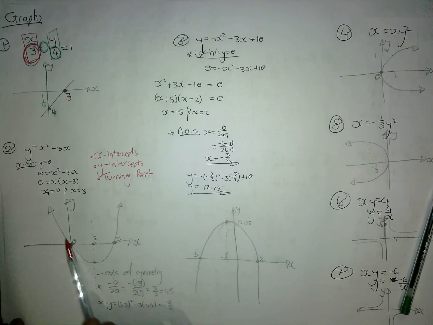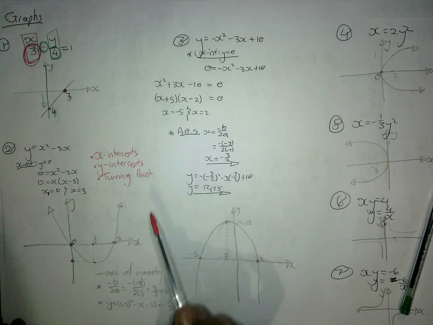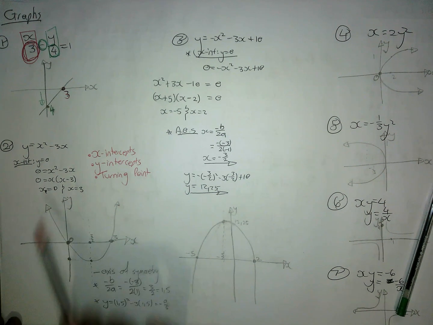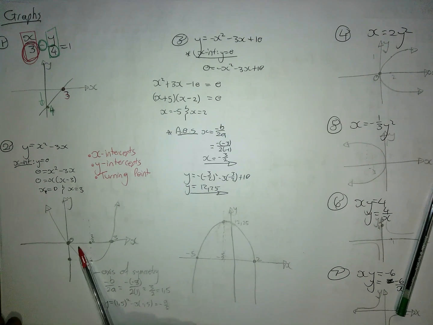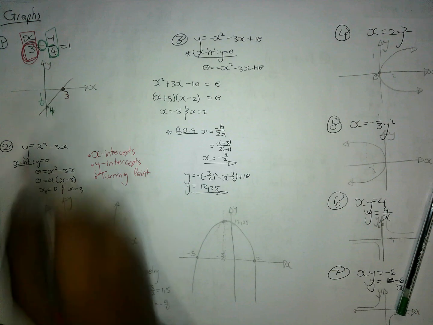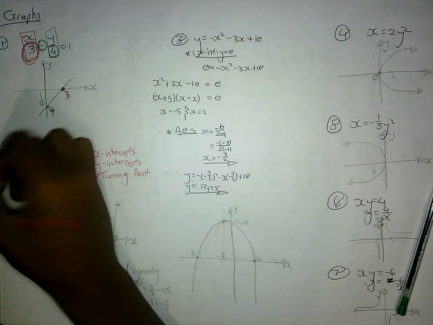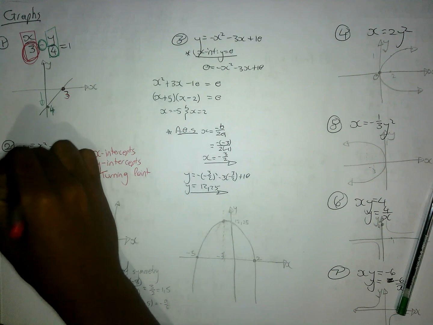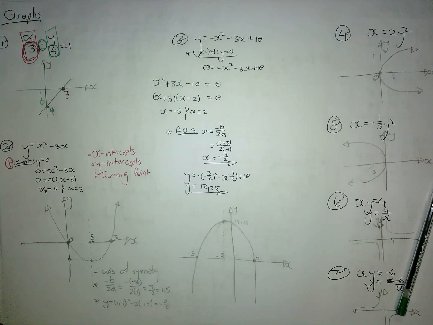It's passing through the origin because of where the x-intercept is sitting. But we need these three things, and we start with the x-intercepts first.